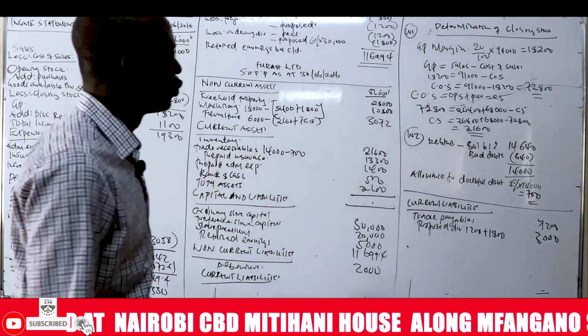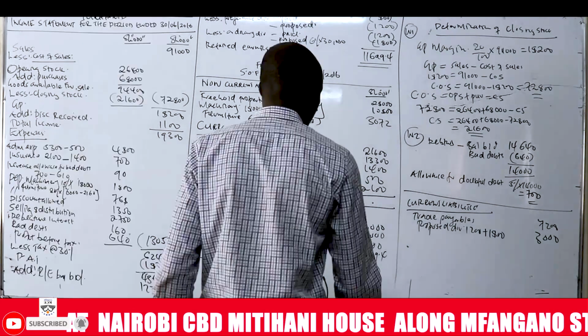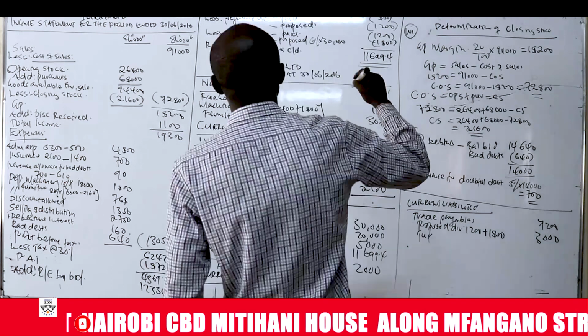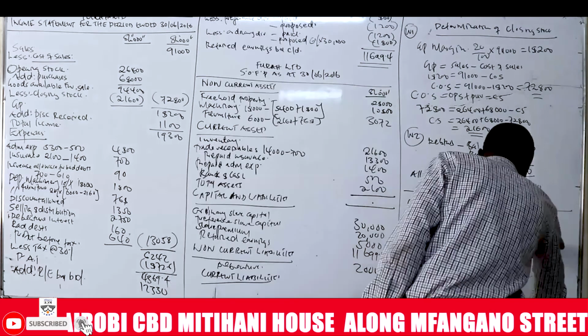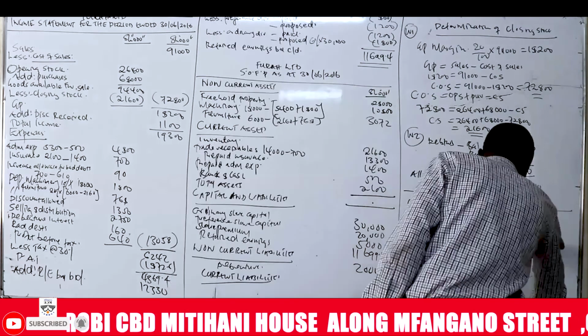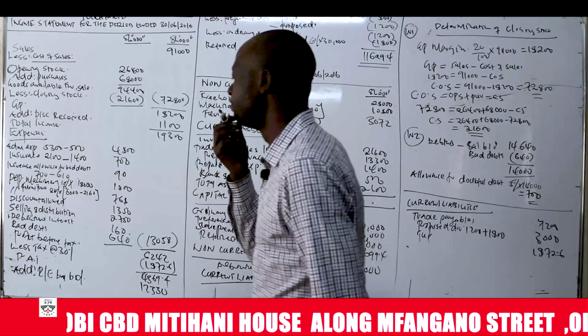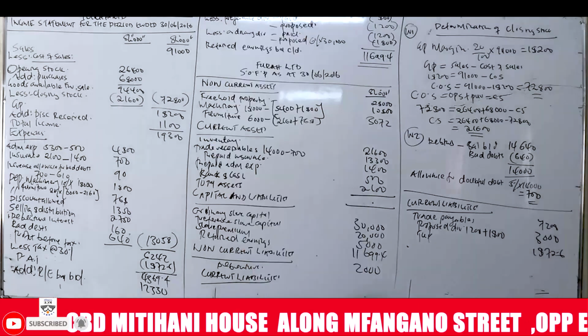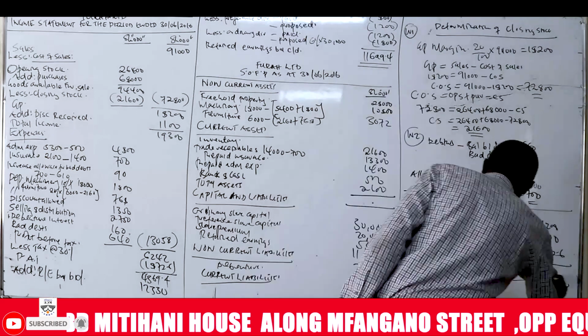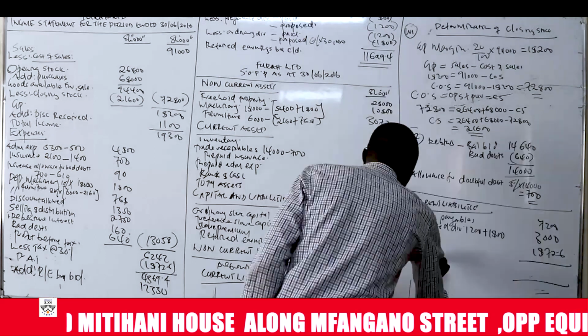And then we have tax. Tax is how much? 1,872.6. This one. So can we add, see whether it balances off? So this is the total assets and total capital.